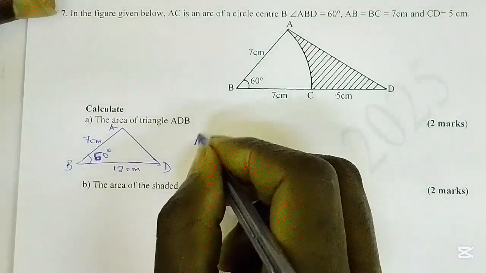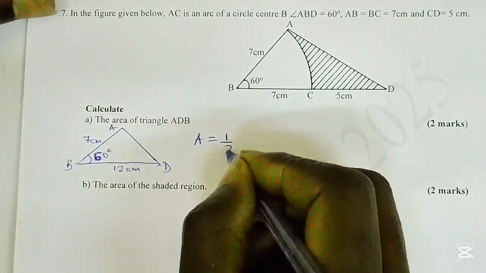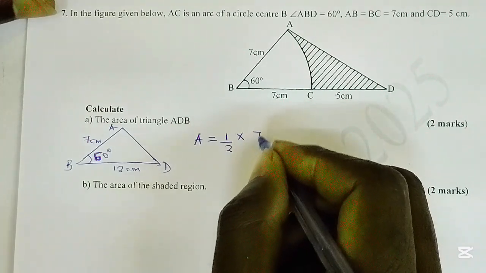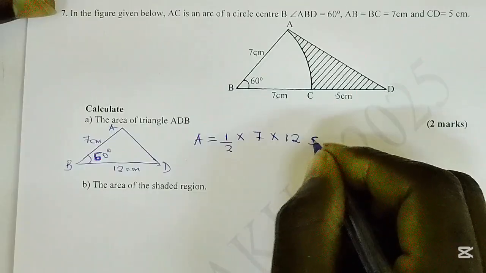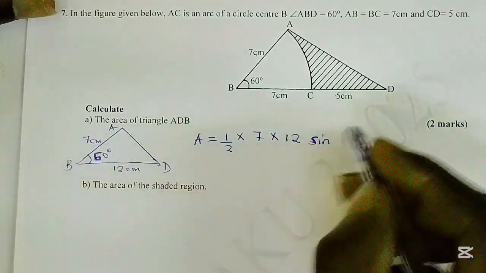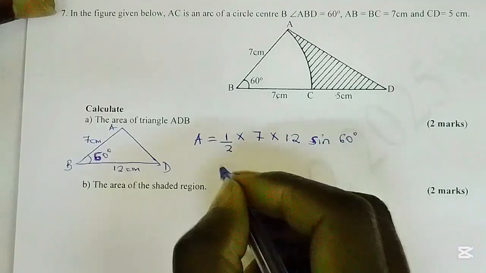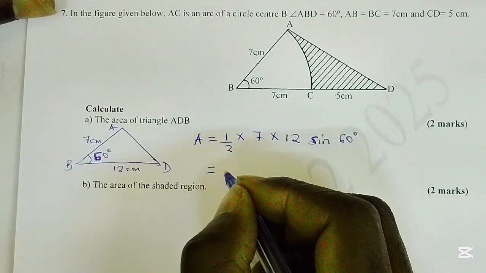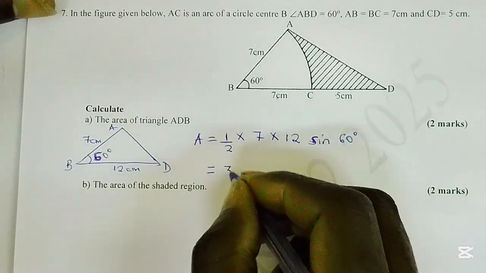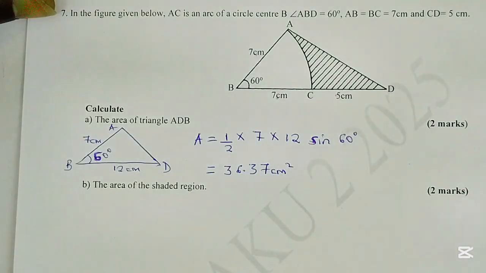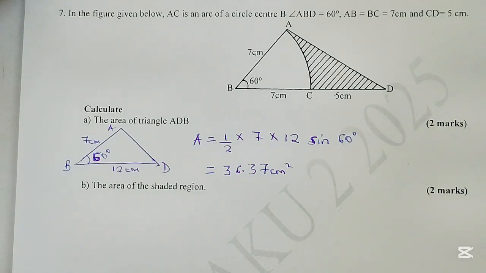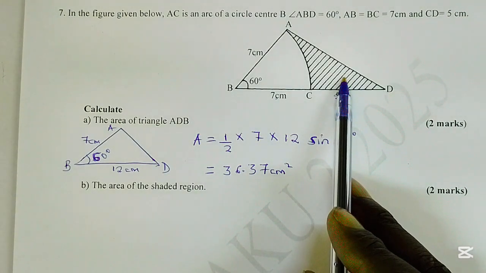The area of a triangle is a half multiplied by side A, which is 7, side B, which is 12, then the sine of the angle in between them, so the sine of 60 degrees. And this gives us 36.37 square centimeters.